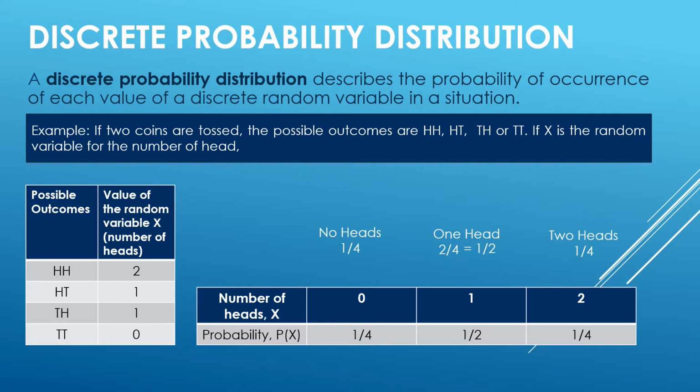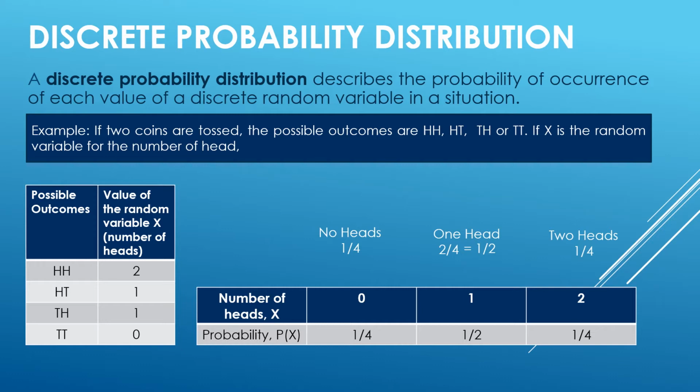The 0, 1, and 2, we got it from this row, the value of random variable x, which is the number of heads. We just arrange it in ascending order. So we have 0, 1, and 2. And their probabilities are 1/4, we got it from here, 1/2 and 1/4, respectively. Okay, do you have any question?